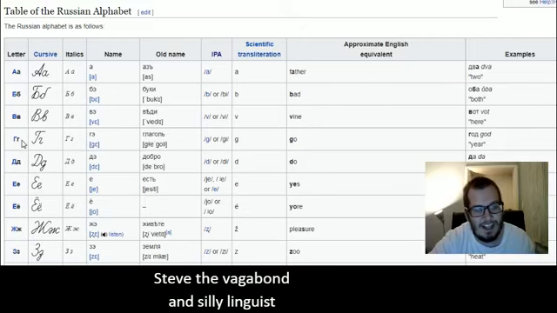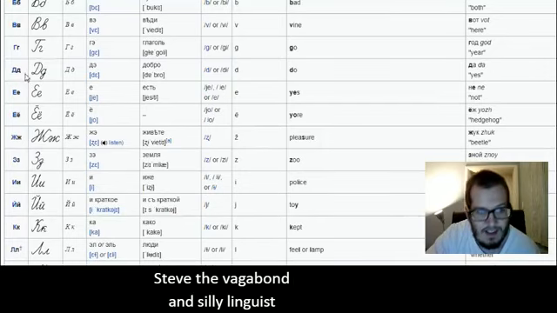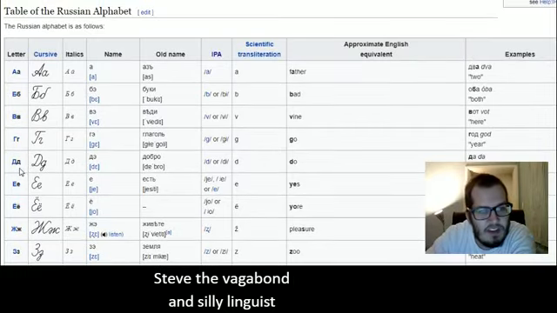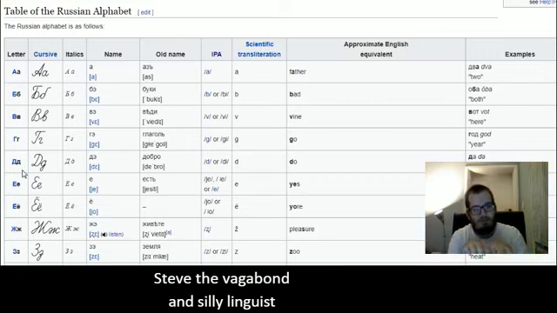Okay, this one looks very different to anything we have in the Latin alphabet, but this is just a weird looking d. You can see even in the cursive it looks like a d. It looks a bit like a dome. It's got some kind of bottom and then it's got a thing over it.